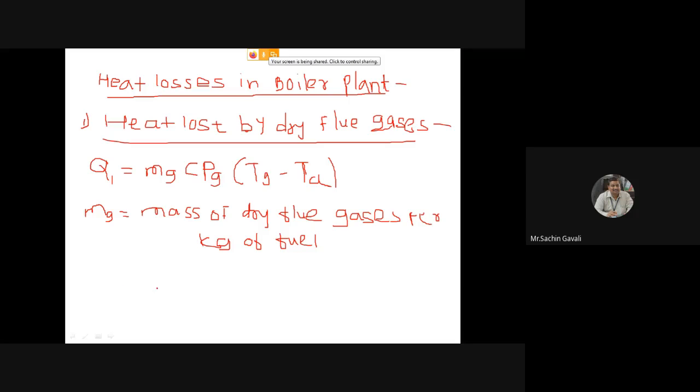Cpg is the mean specific heat of dry flue gases.